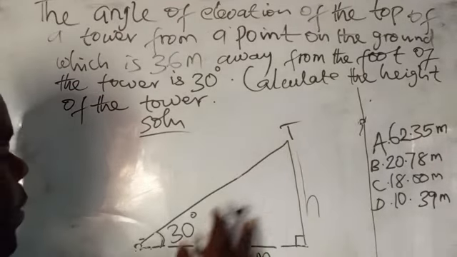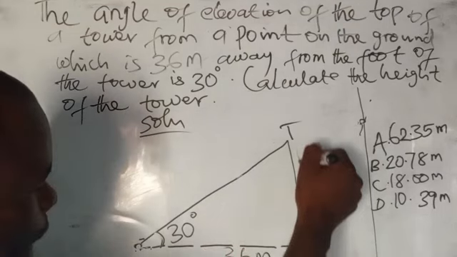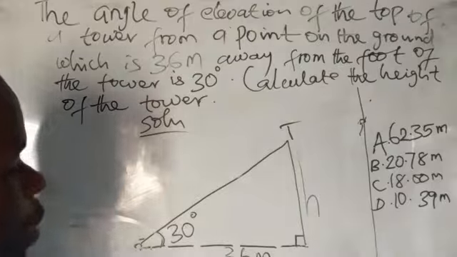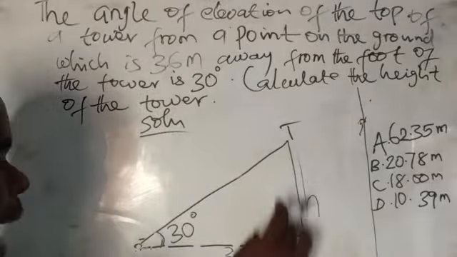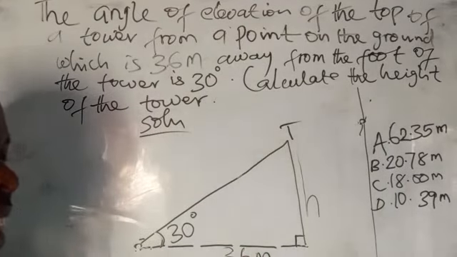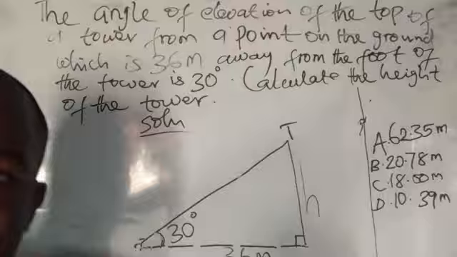Okay, now looking at this, you see we don't have the hypotenuse, but we have the adjacent here that does not face the angle. And we have this height facing this 30 degrees, which means this is our opposite. Since we have opposite and adjacent, what do you think we will use? Opposite and adjacent has already given us a clue to use tan theta.